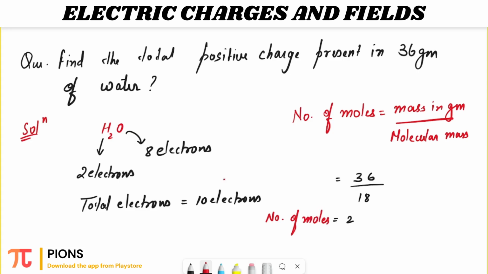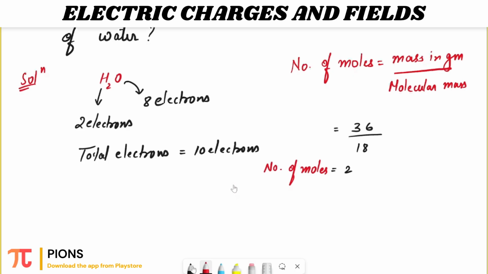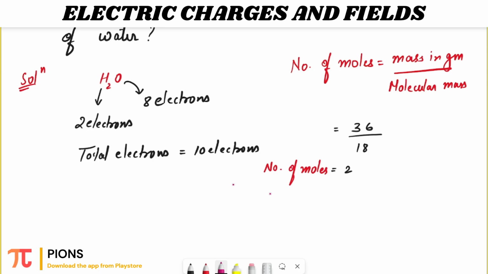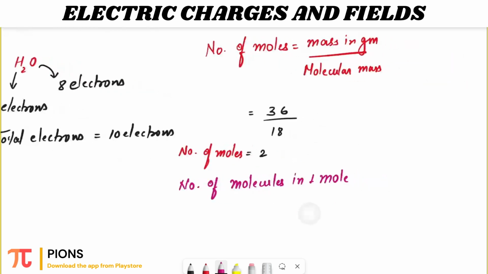Now if the number of moles is 2, let's figure out our molecules. Be very careful: each mole contains how many molecules? The number of molecules in 1 mole is equal to 6.022 × 10^23.